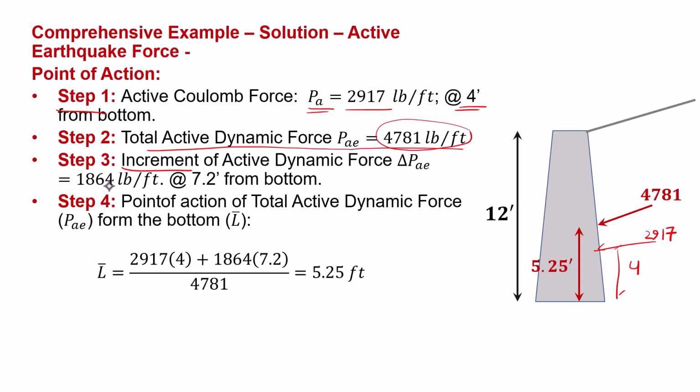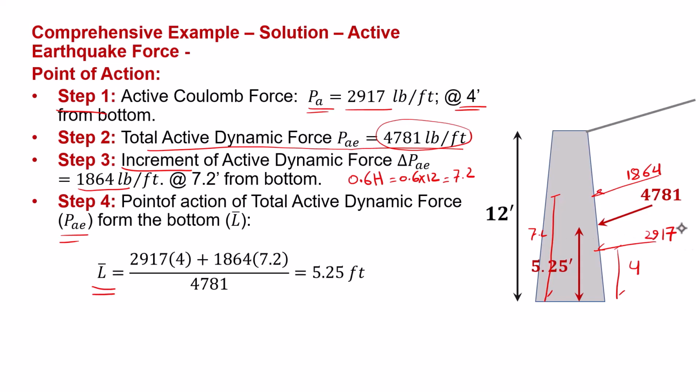The increment, as we found together, is 1864, and it will be applied at 0.6 times h, where h is the height of the wall. It would be 0.6 times 12, which would be 7.2. So this will be applied at 7.2, and its magnitude would be 1864.